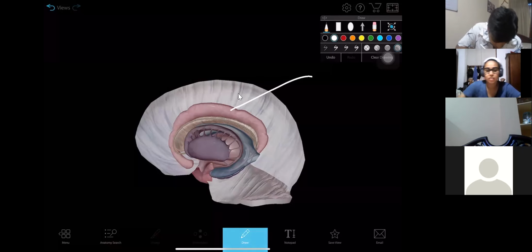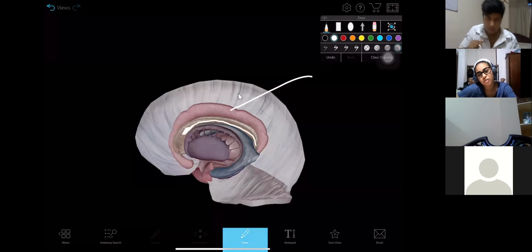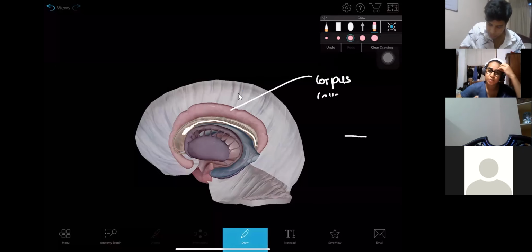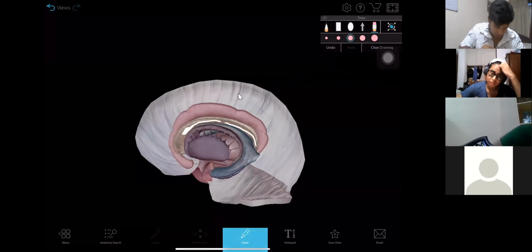No, that is below. This is the cingulate gyrus. What is the connection between the left and the right side? Corpus callosum. This connects the left and the right side. This is especially important when it comes to studying language.